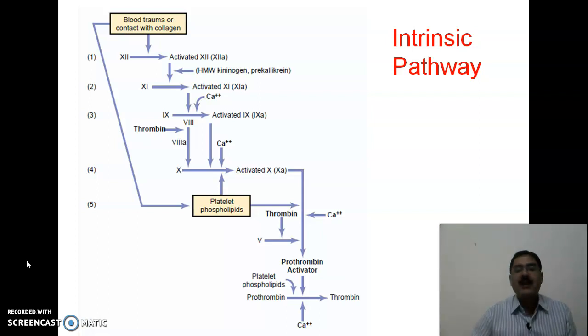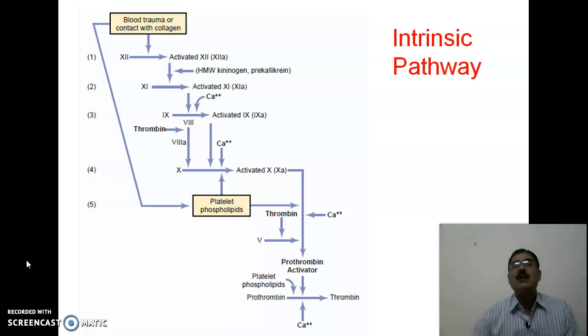The factor number 9 is the Christmas factor, and there is action on factor number 8 in presence of thrombin. The factor number 8, which is the antihemophilic factor A or antihemophilic globulin, the AHG, comes to its active form and then it stimulates the factor number 10, which is the Stewart-Prower factor, in presence of calcium ion.